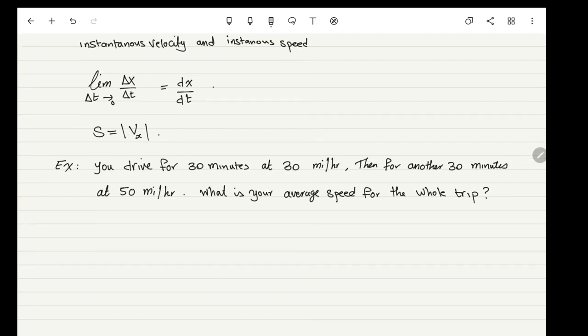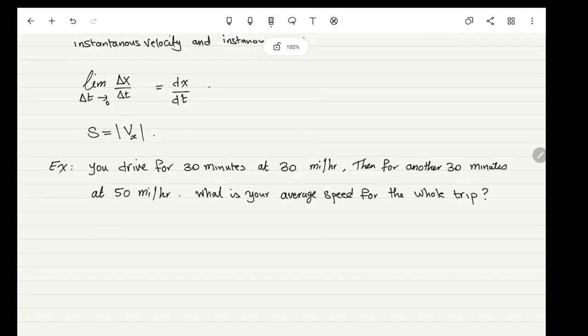Since the time for the first part of the trip is the same as the second part of the trip, in this case the average speed is equal to the distance for the first trip, which is 30 miles per hour times 0.5 hour, plus the distance for the second part, 50 times the time, and the time is 30 minutes.